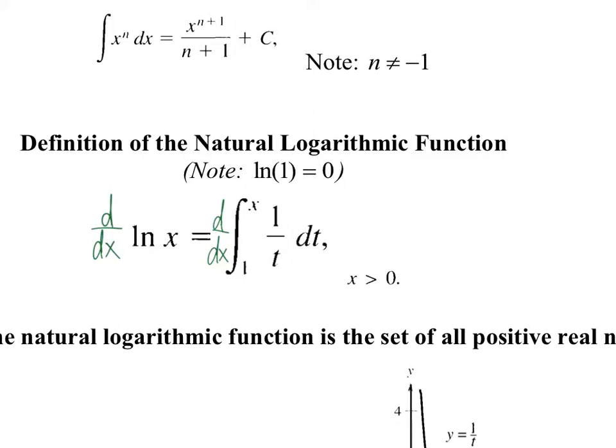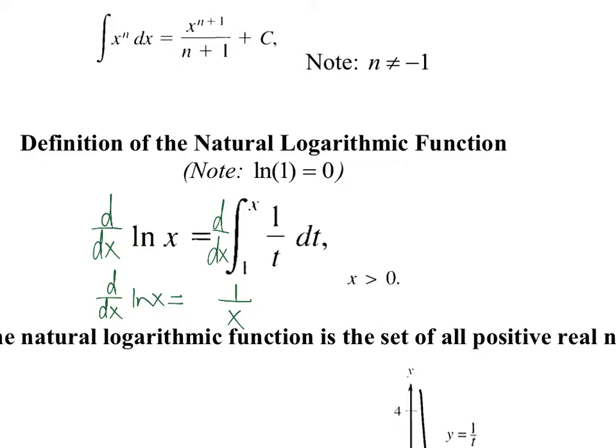When we took the derivative of the integral, what was that? 1 over t. That was the second fundamental theorem of calculus. That's 1 over x. This is the derivative of ln of x, which was 1 over x.